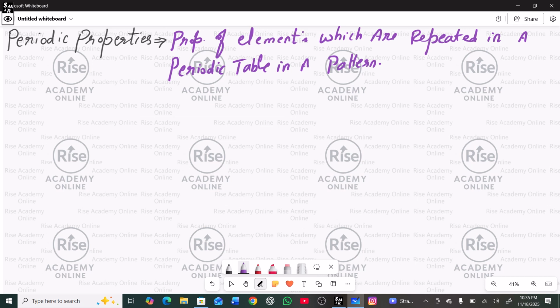Such properties are called periodic properties.